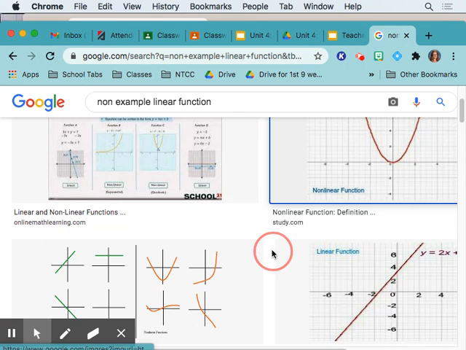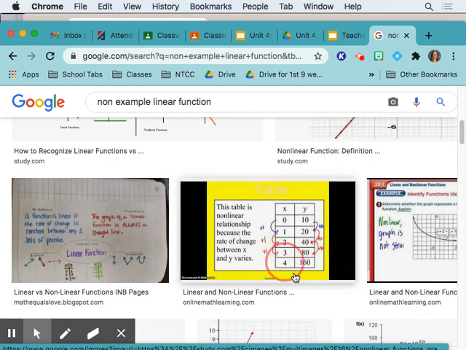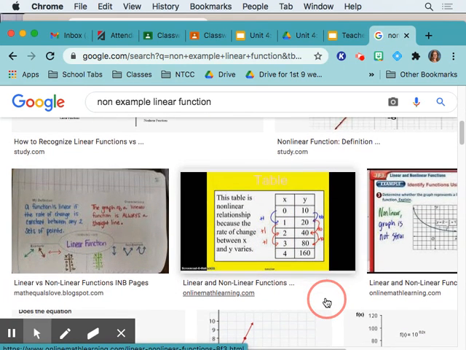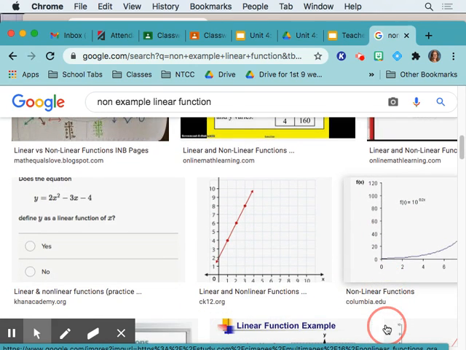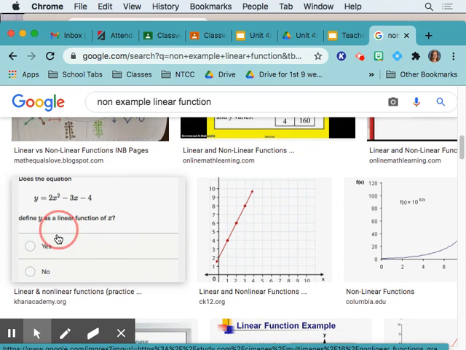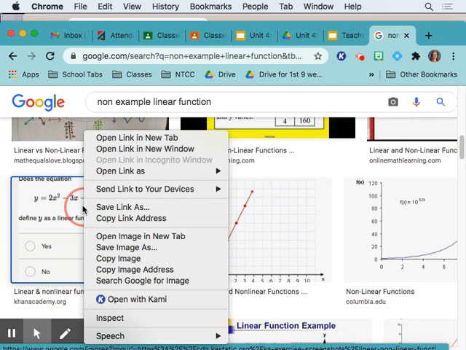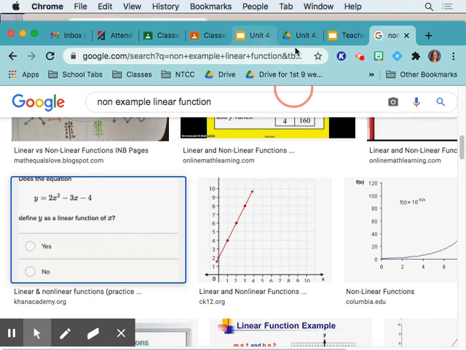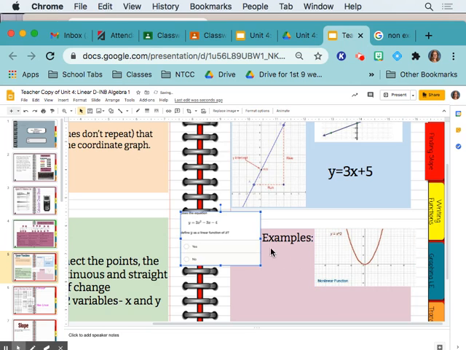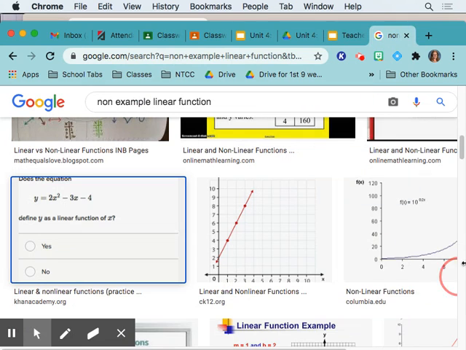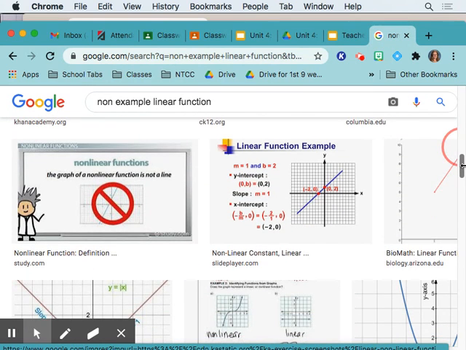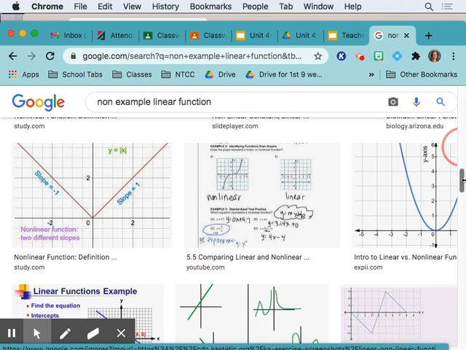Okay, let's see what else. This is not linear because look how it says 2x squared minus 3x. Just find different examples of non-linear. Something that does not have a constant rate of change.